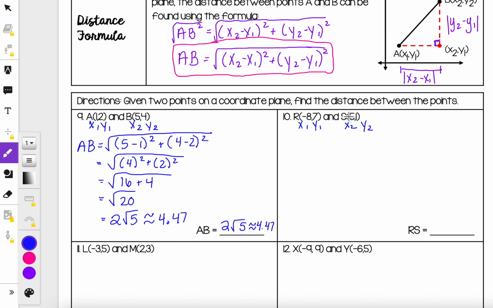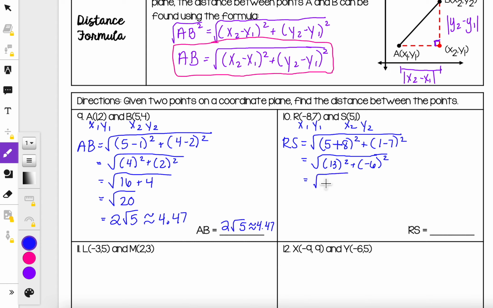So if I wanted to find the distance between points R and S here, I'm going to take the square root. So I have 5 minus -8 squared, so that's going to become a plus, plus 1 minus 7 squared. And when we're simplifying this, we want to do this slowly. We don't want to try to simplify too much at once, because that's where we're going to make mistakes.